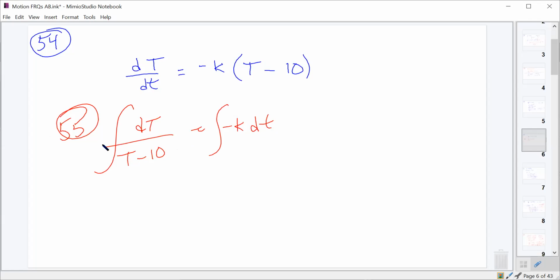If we solve this differential equation, we should get natural log absolute value of T minus 10 equal to negative kt plus our constant. And our constant we should be able to find because we know that it's going to cool to 27 degrees in 1 hour.